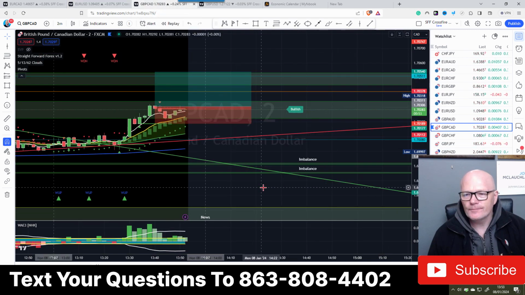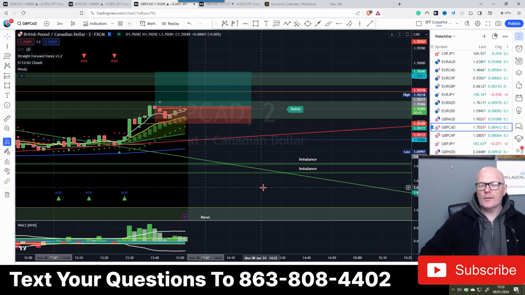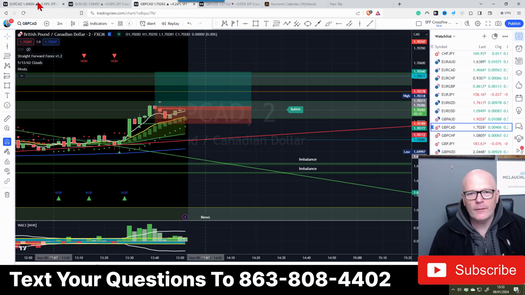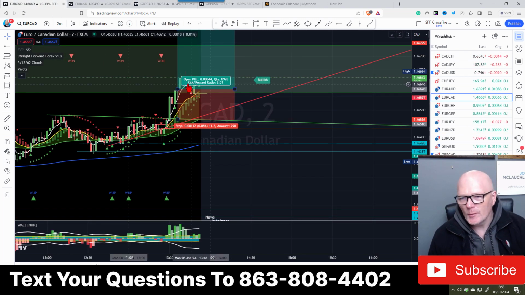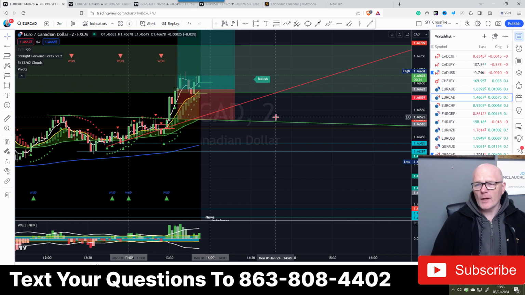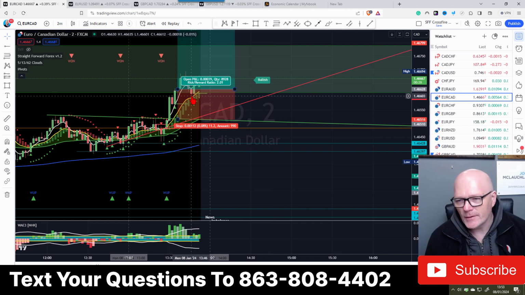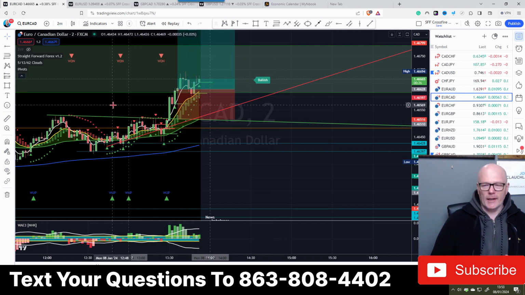GBP CAD. Again, it could just well be a waiting game, and what I tend to do with my trades is that I stay in them. It used to be a case of, if you'd see something like this, when I first started trading, it'd be like, okay, it's in profit, I'm not really sure what's happening, it went into the stop loss there, let's get out right now.